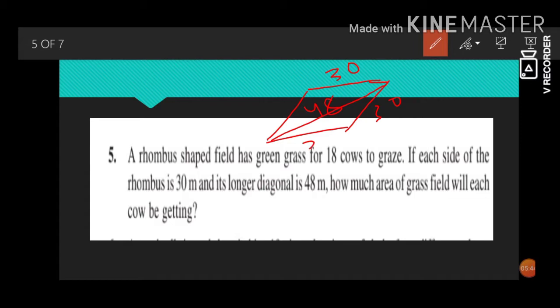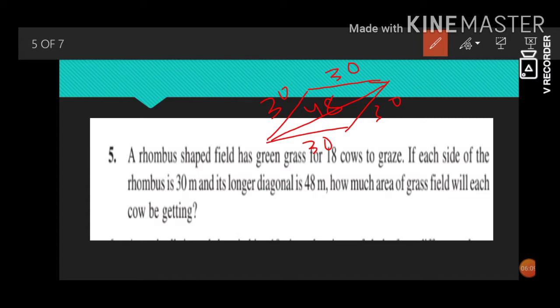If we bisect the quadrilateral with its diagonal, we will get an isosceles triangle. So we will first find the area of this quadrilateral by finding out the area of one triangle and multiplying it by 2, since the triangles are of the same lengths.